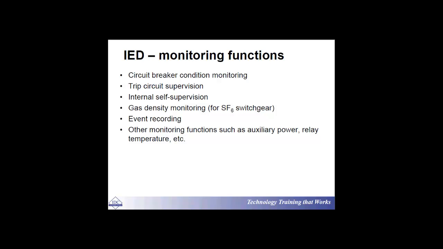Sometimes you are monitoring events: how many shutdowns, how many trips, how many alarms. You're going to hand over to another operator, another technician. So what has happened so far? Sometimes monitoring temperature, pressure, frequency, vibration, harmonics. A lot of things to be monitored.